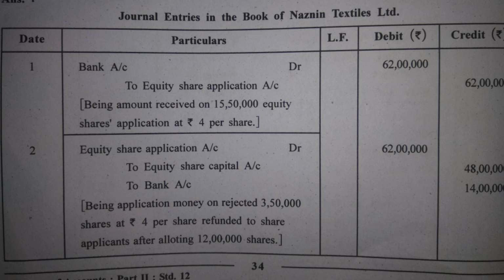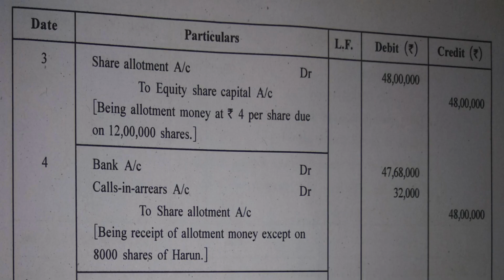And the journal entry for which is equity share application account debit to equity share capital account. So if you combine these two journal entries, this is the single journal entry. Yes? Hope I'm clear?